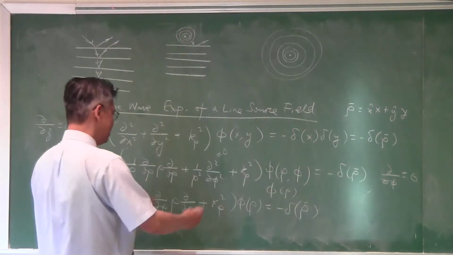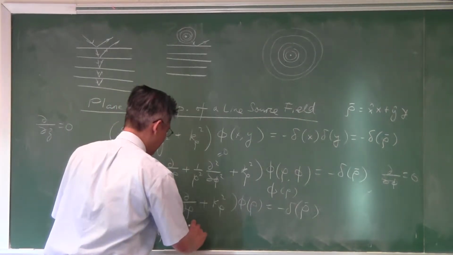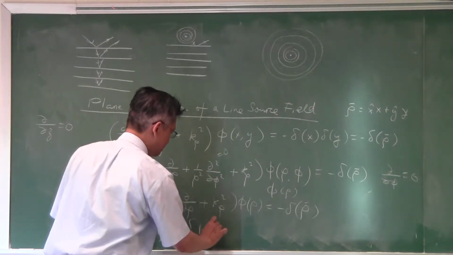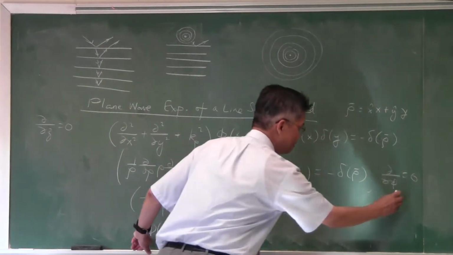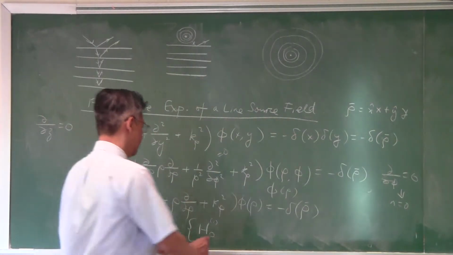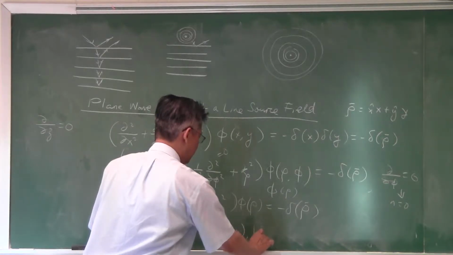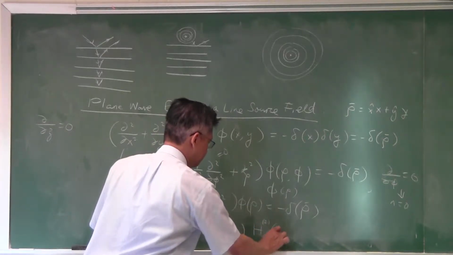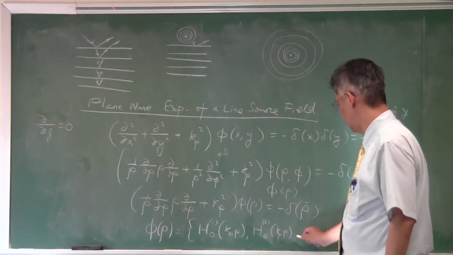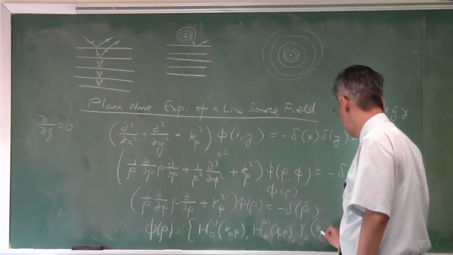Very good. So the only solution you can have for phi of rho are either the Hankel function of the first kind with n equal to 0. This means n is equal to 0. Okay. K rho. The Hankel function of the second kind. This is another possibility. Or the Neumann function of the 0th order.